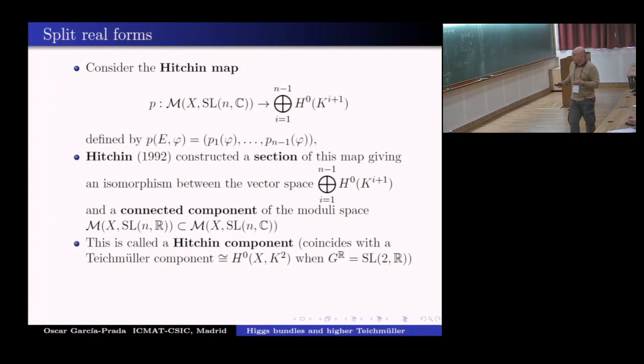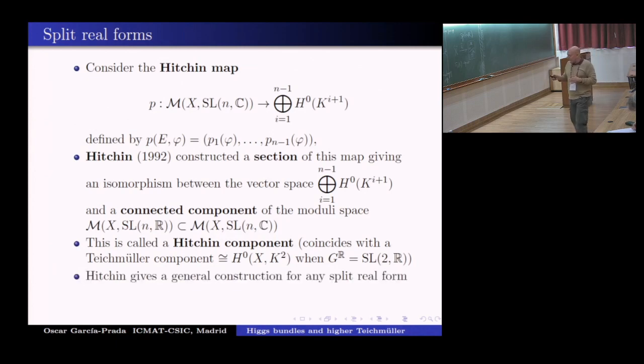And so in particular, for SL(2,R), you do get, in fact, sections of the square of the canonical bundle, and this is the usual identification with the Teichmüller component that I mentioned before for SL(2,R). Okay, so this was a generalization of that. Hitchin gave a construction of that for any split real form.